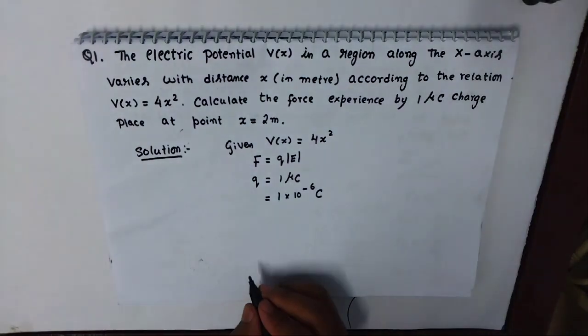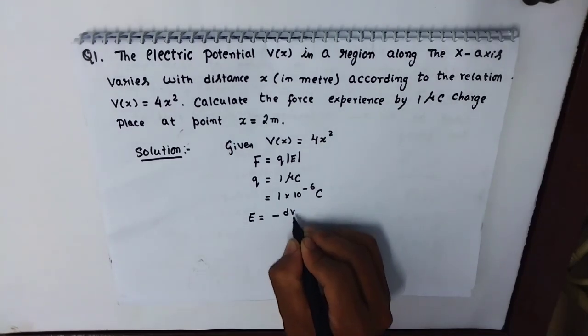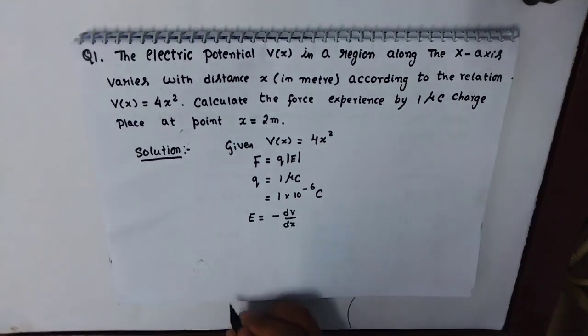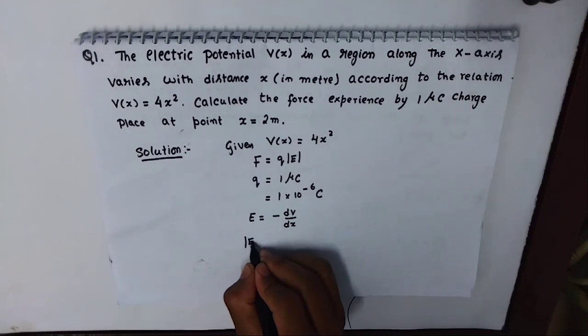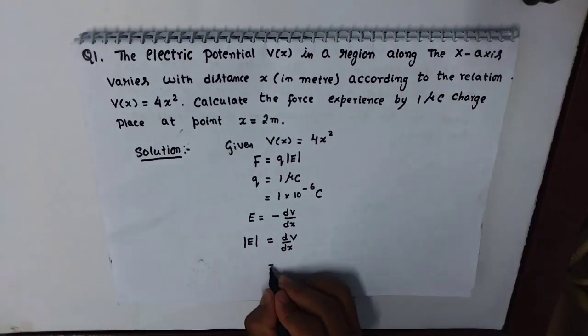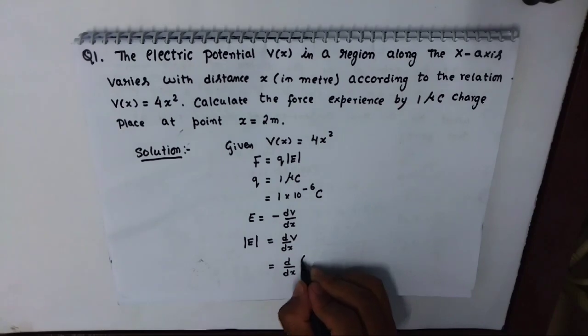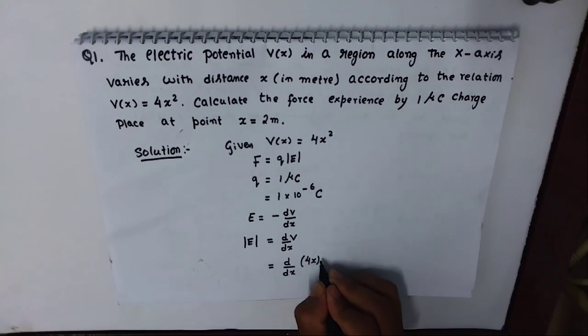We also know that E is equal to minus dV by dx. So if I put simply mod E, I'll have d dx of V, so this is equal to d dx. Instead of V, I'll put 4x squared.